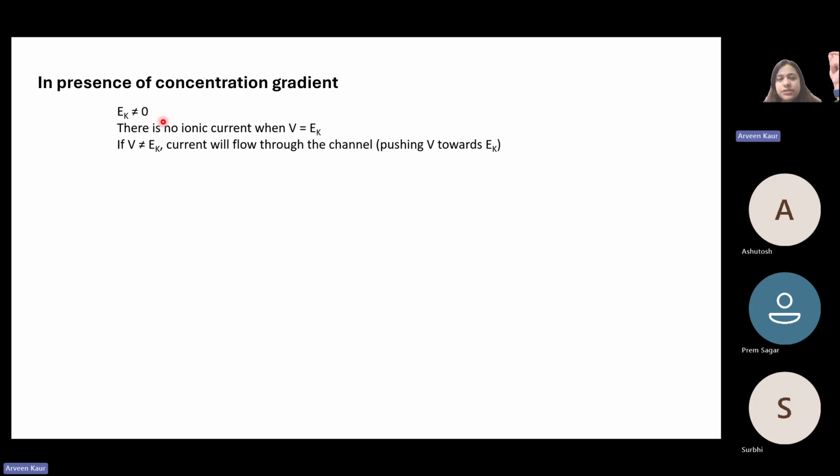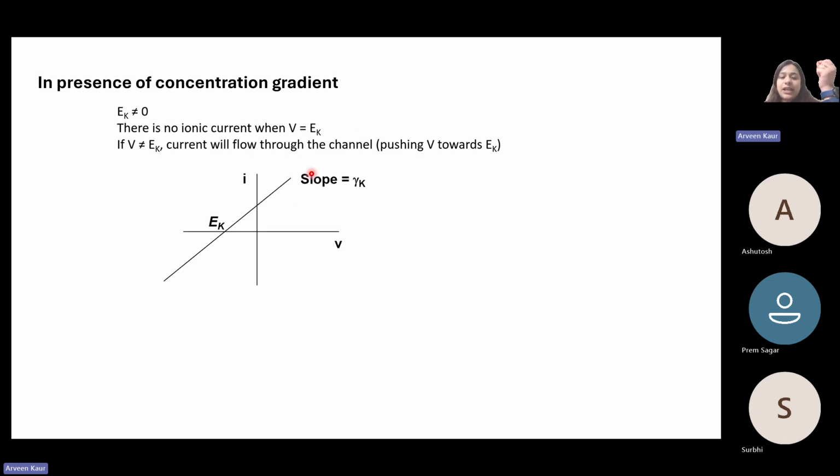In the presence of a concentration gradient, however, the EK will not be equal to zero. There will be no ionic current, but V will be equal to EK. If V is not equal to EK, the current will flow through the channel, which will push V towards EK. So it will try to push this voltage towards the equilibrium potential of potassium.